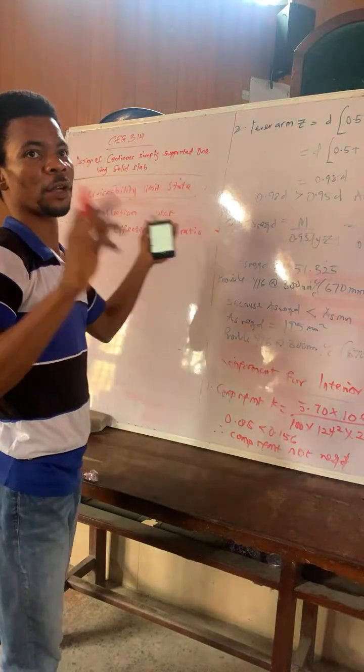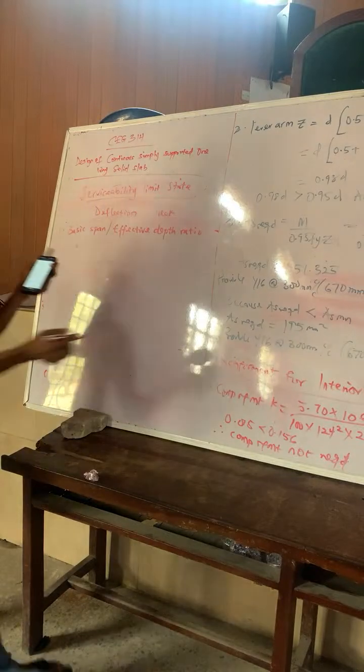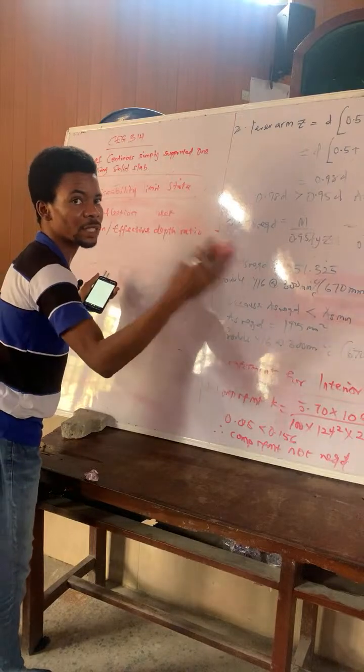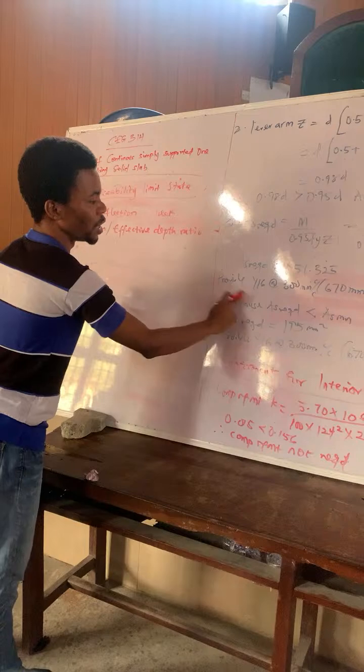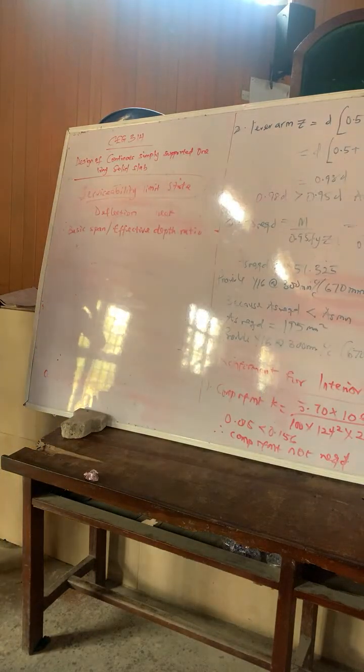You always ask for your AS required. I did not write the AS minimum here again because we've calculated it's the same thing. I've calculated it before. So after this will be AS minimum, but no need again because I've calculated it before. So go to your table.